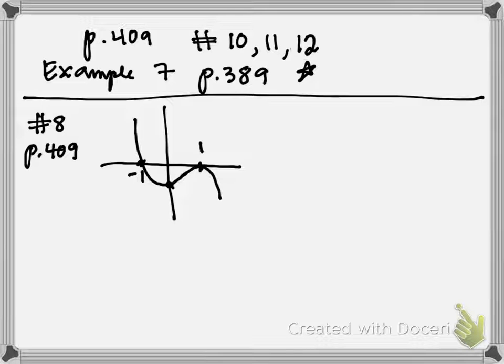This point is at 1, and this is -1. Okay, so looking at this graph, you can see that it's gonna be cubic, right? Just by looking at the shape of the graph, you can see that it is going to be a cubic equation. So the highest power is 3, and there's going to be 3 roots.